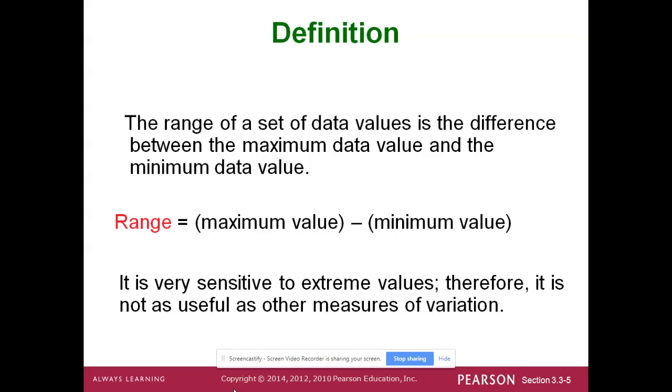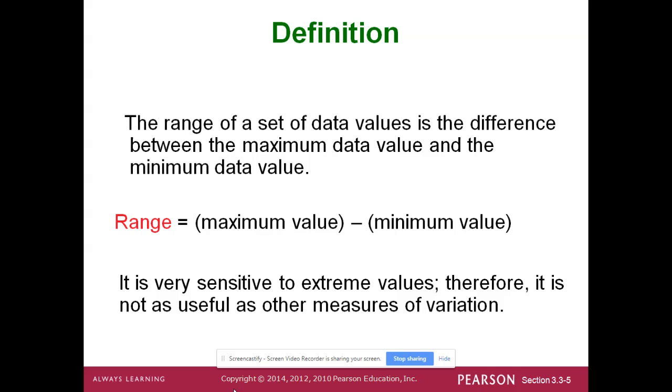When we talked about mean the last couple of days, if you make a 0 on a test, it can be very detrimental to your average, right? So an outlier is going to affect mean. It also affects your range quite a bit.